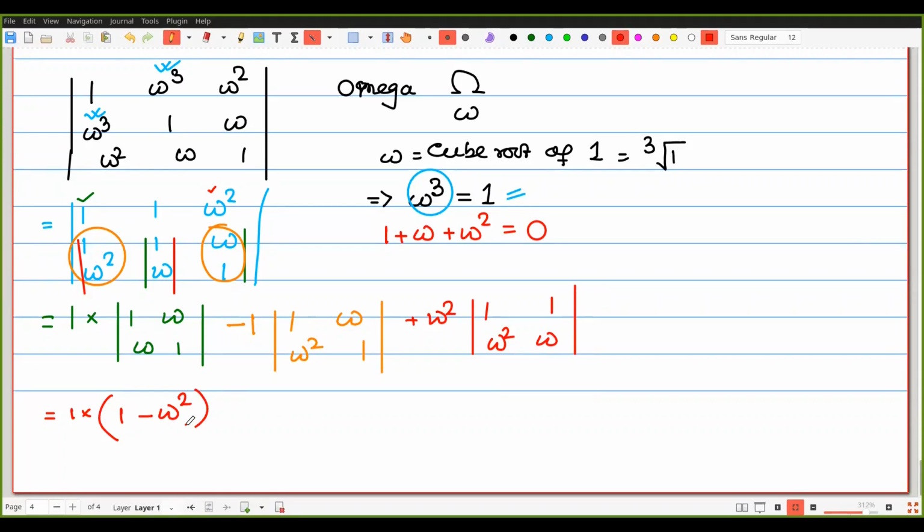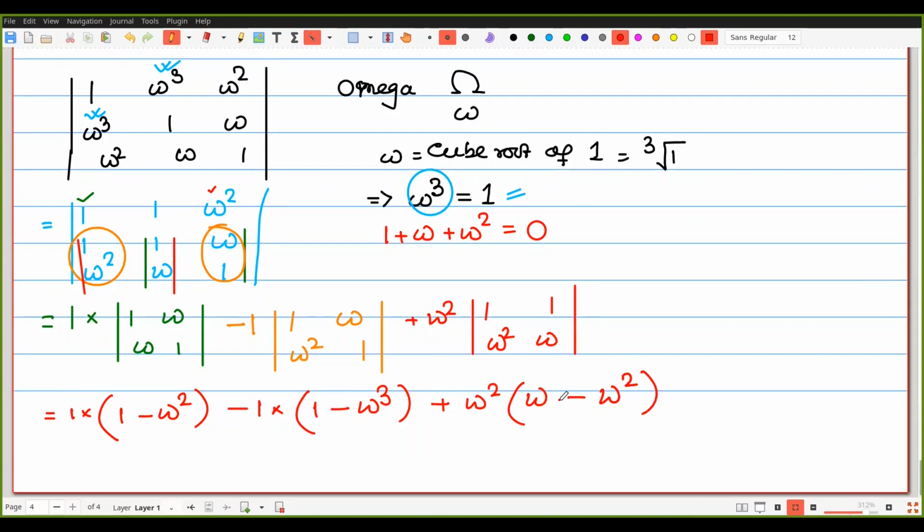1 into 1 minus omega into omega, that is 1 minus omega square, minus 1 into 1, that means 1 minus omega cube. Then plus omega square, 1 into omega, that means omega, minus 1 into omega square, that is omega square.